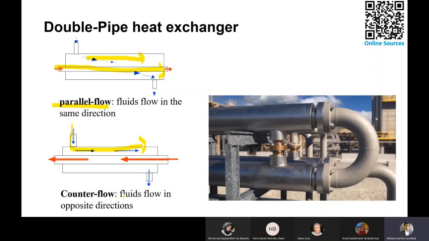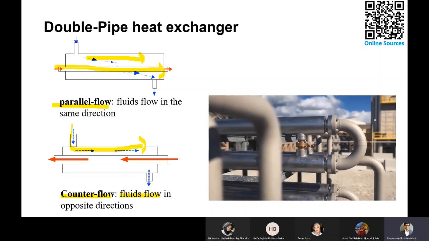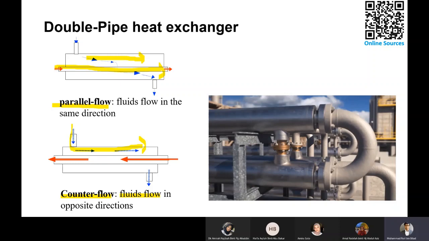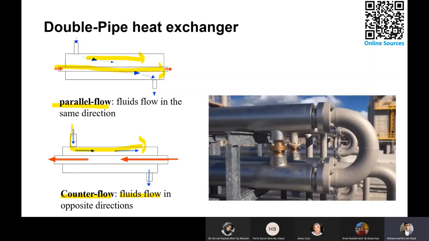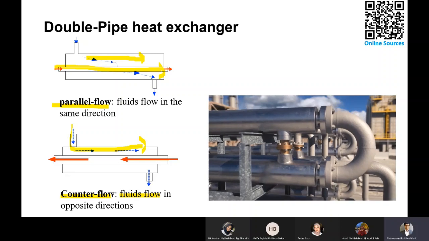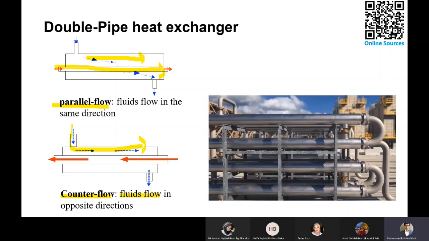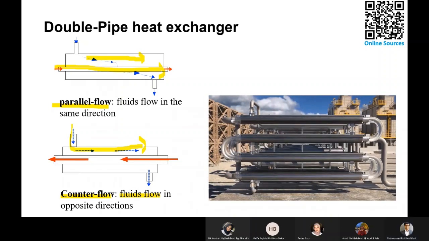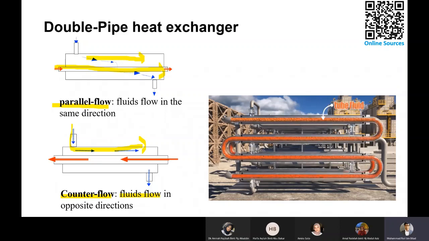When the general flow of the fluids is in opposite directions, it's called a counterflow heat exchanger. This is a snapshot of a short video showing the general flow of a double pipe heat exchanger. The problem with the double pipe heat exchanger is that if you need a very high surface area, it leads to very high investment costs.